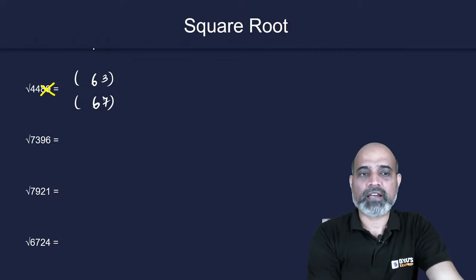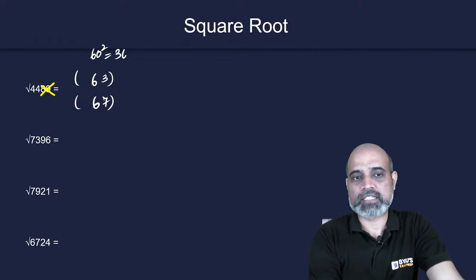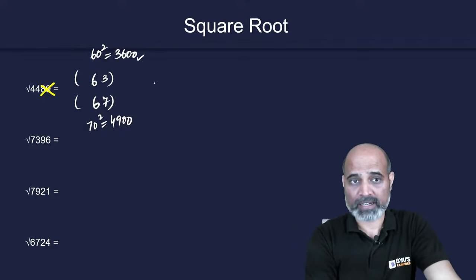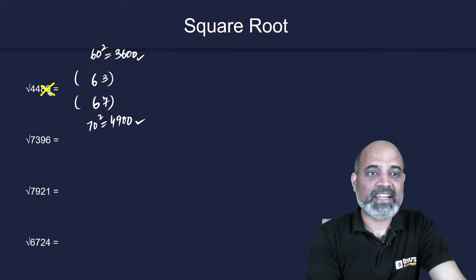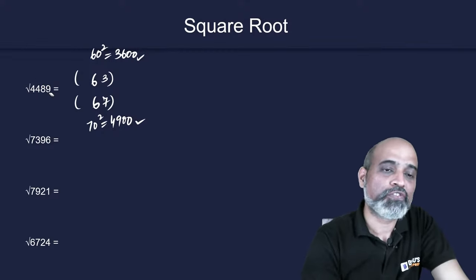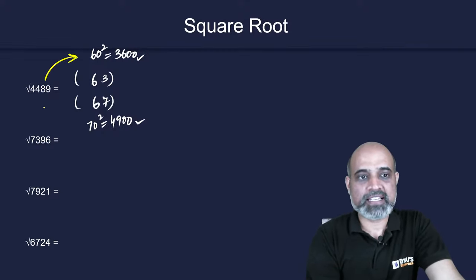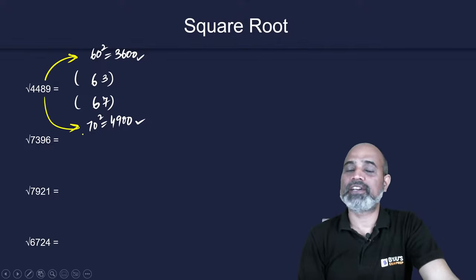Now what do you have to do? Look, the square of 60 is 3600 and the square of 70 is 4900. We know this, right? Pretty simple calculation. Now 4489 is closer to which value? Is it closer to 3600 or is it closer to 4900?